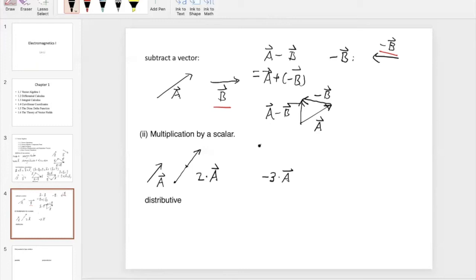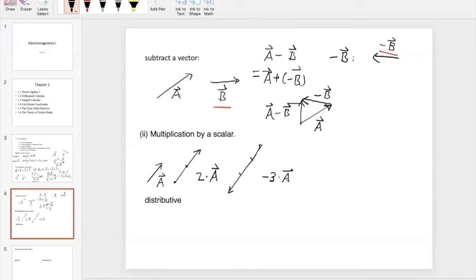So first the direction is going in this direction, and it's negative 3. So the magnitude is 3 times the original magnitude of A. So that's negative 3 times A. This is a multiplication by a scalar.